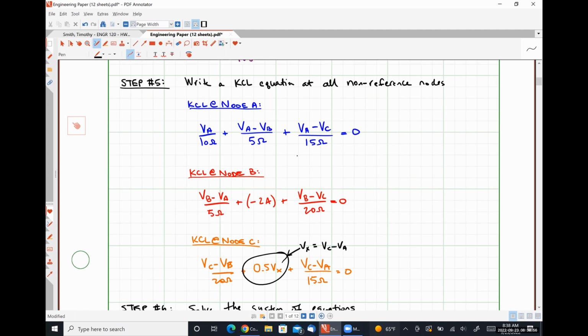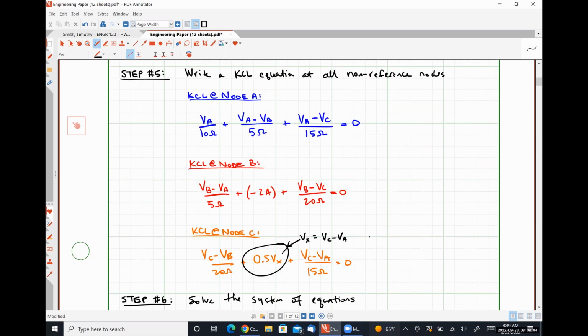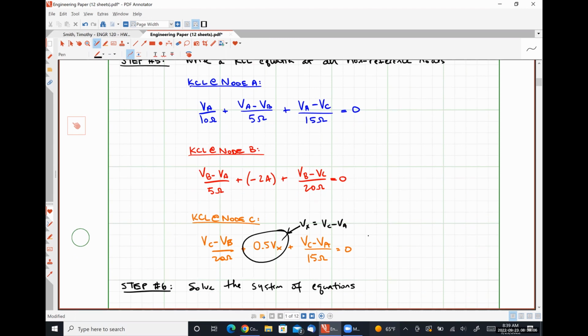Exactly correct. 1/5 plus 1/20. And our coefficient for node C in our KCL at node B equation is negative 1/20th, absolutely right.